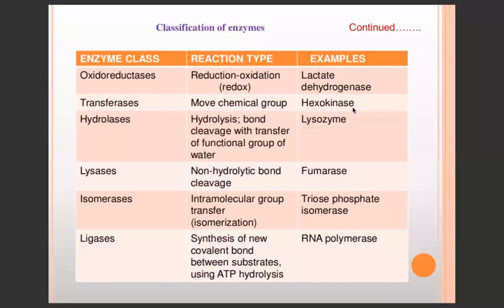Each and every enzyme has its different role in various metabolic pathways. For example, triose phosphate isomerase works in isomerization, and it belongs to the class isomerases. RNA polymerase belongs to the enzyme class ligases.